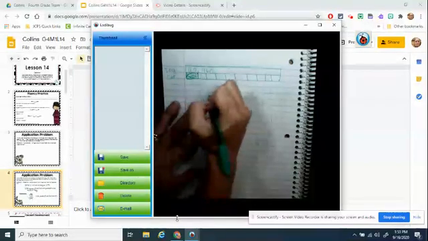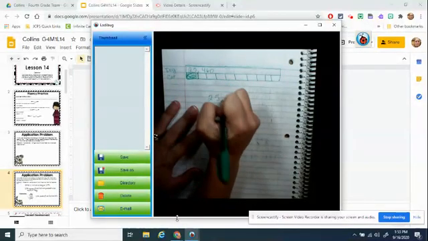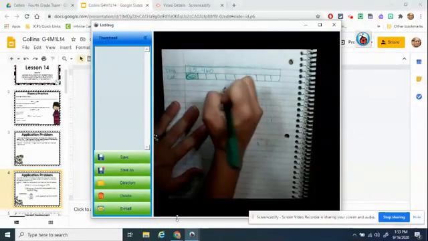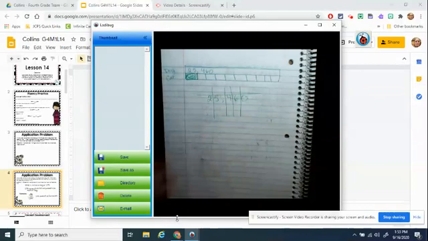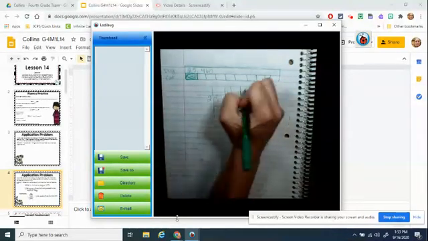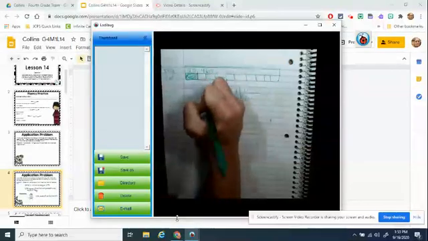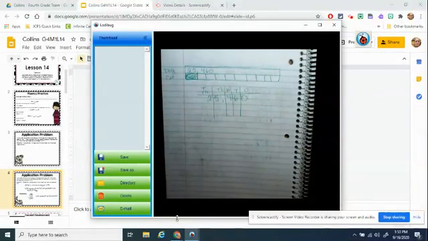Now, if we think about this in place value, and this is my ones, tens, hundreds, thousands, and 10,000s, right? Whenever we multiply by 10, we add a 0 to the end.